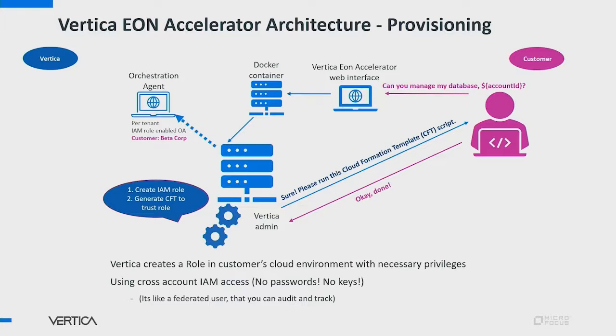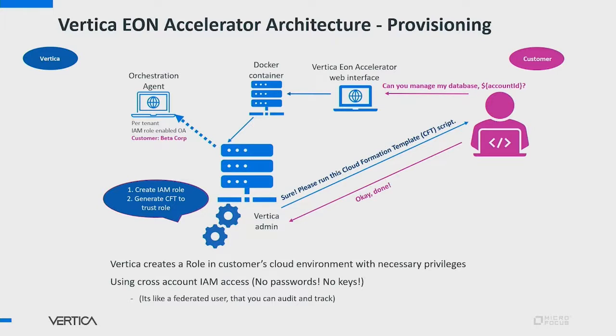These two users get linked, and after the linking is done, commands can be issued from the Vertica management plane into your AWS account, and you can actually see us making those commands. You can audit and track those commands. And the idea is that we create a one-way trust between the two accounts so that we can manage the Vertica database in the customer's account. So once this process is done, just one time for every AWS account, we are off to the races.